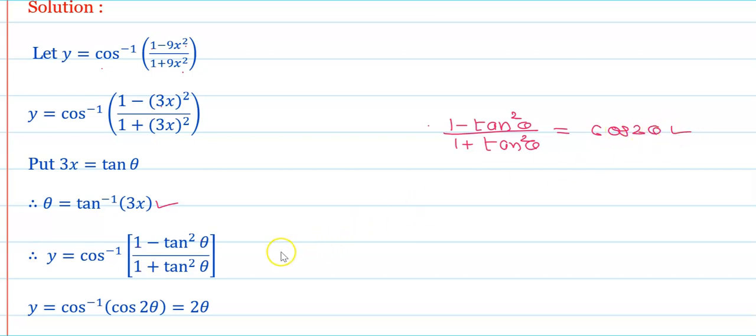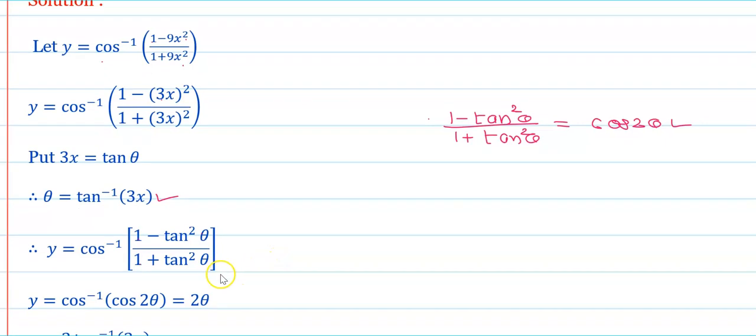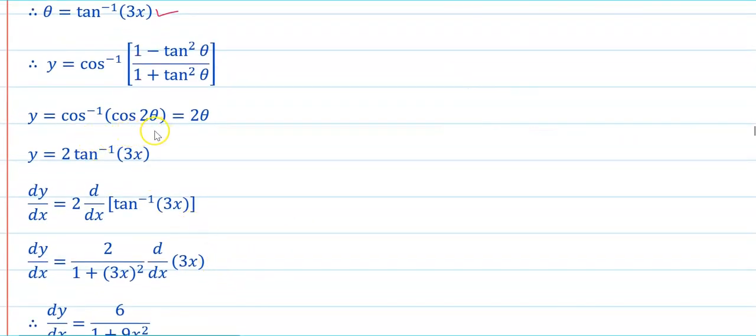This is a trigonometry formula from the 11th standard. Next, cos inverse of cos of 2 times theta is equal to 2 theta.